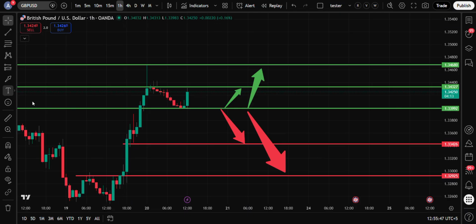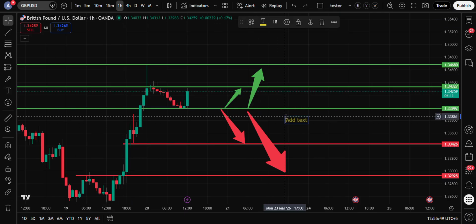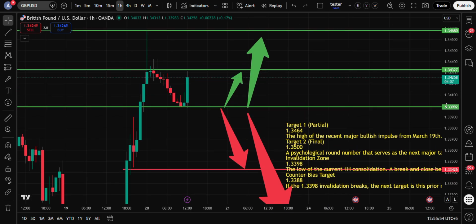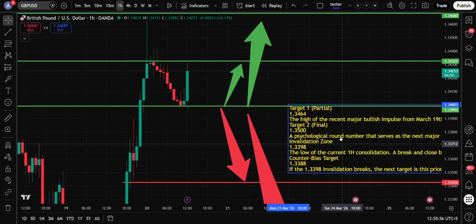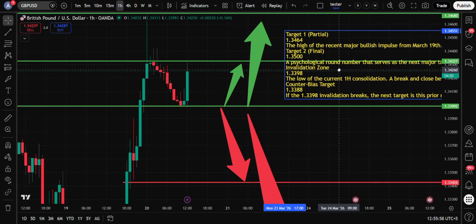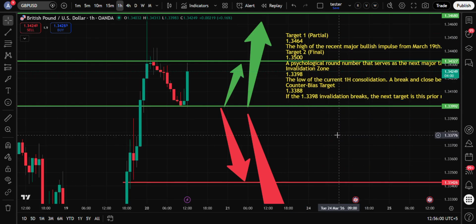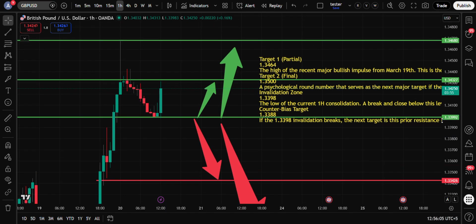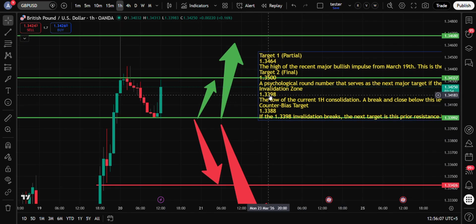Okay, guys, let's paste this back. So it is buying as long as it's above 1.3398. Same analysis.